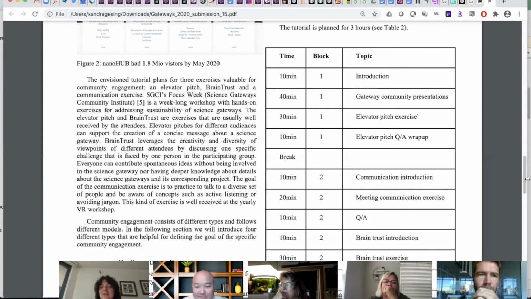So who would be interested to show, for example, one of the actions? And it doesn't have to be only about community in gateways. So Julian, for example, if you would be interested to talk about the research bazaar, how you interacted with the community to build it up, that would be one of the talks. So great. Yes, it would be a 10-minute talk.